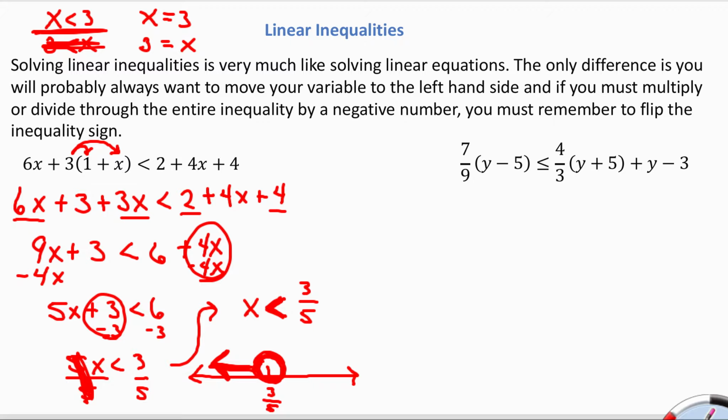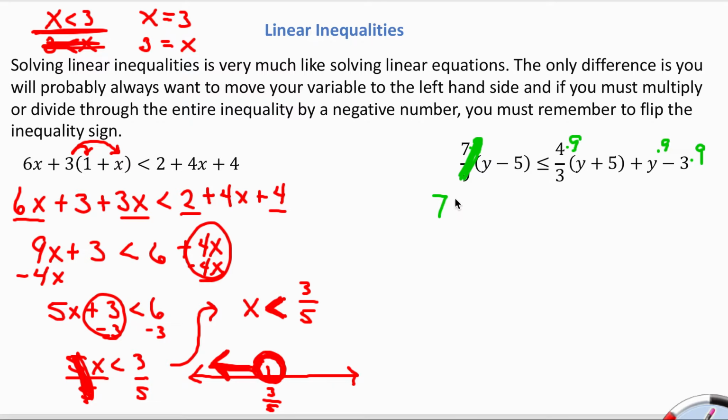All right, let's try it again. Ooh, I have fractions, so I need a common denominator, which is 9. And I multiply everything, but not inside parentheses, but everything except inside the parentheses times 9. Now, 9 divided by 9 is 1.